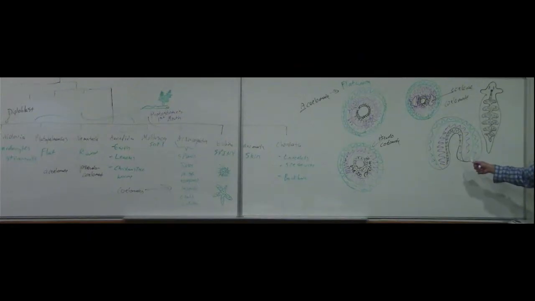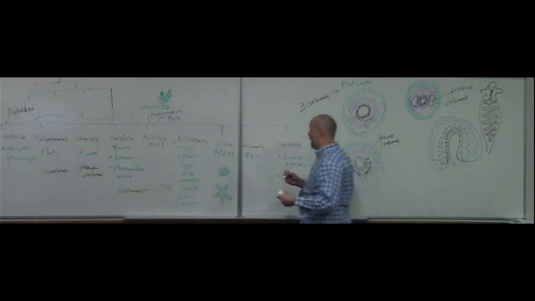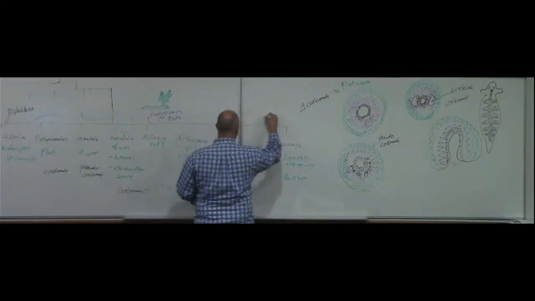If you watch a human or a chimpanzee or anything with a backbone develop, you notice that this end becomes the rectum, and the second one becomes the mouth. So second mouth makes you a deuterostome.